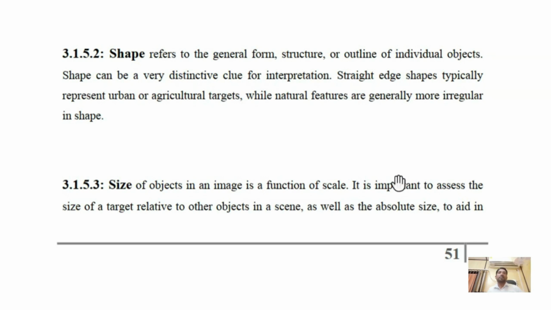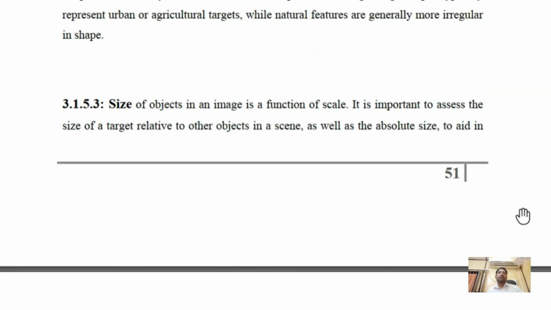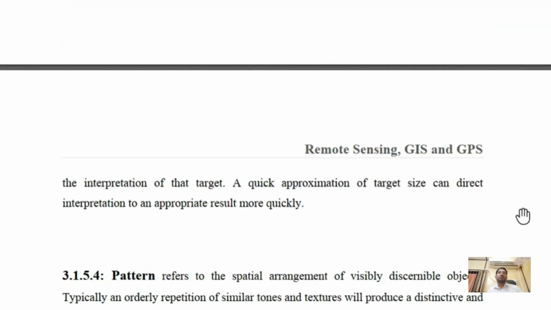Size. If objects in an image are a function of scale, it is important to assess the size of a target relative to other objects in a scene, as well as the absolute size, to aid in the interpretation of that target.